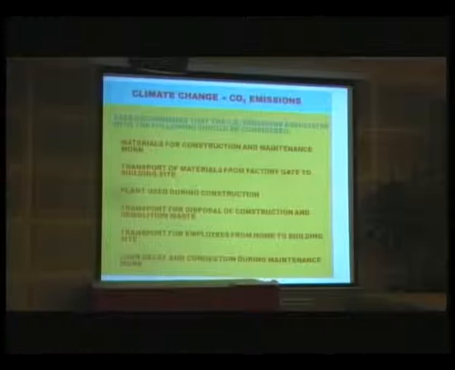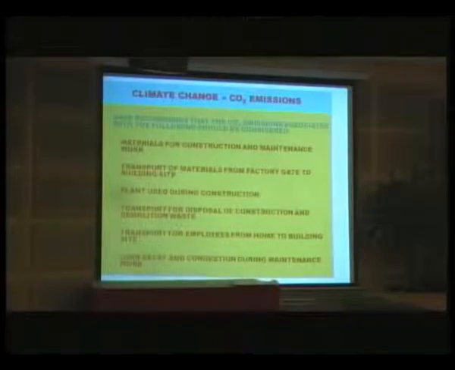As far as climate change is concerned, the way that we've quantified that is by assuming that climate change is equivalent to CO2 emissions. And what's recommended in the model is that the CO2 emissions associated with the materials required for construction and materials required for repair of the structure are taken into account.